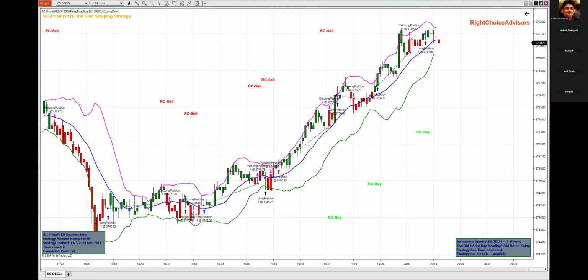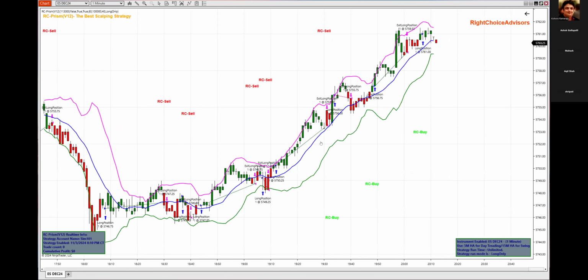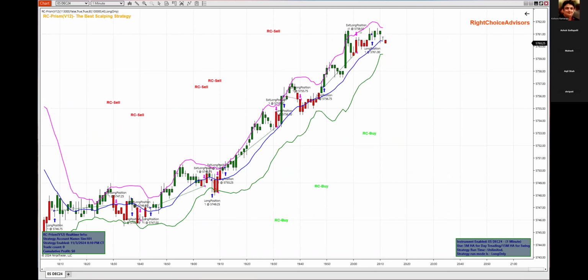If you backtest it, you will see that it started the long position at this time, entered here and exited here. So this is a little bit of profit.